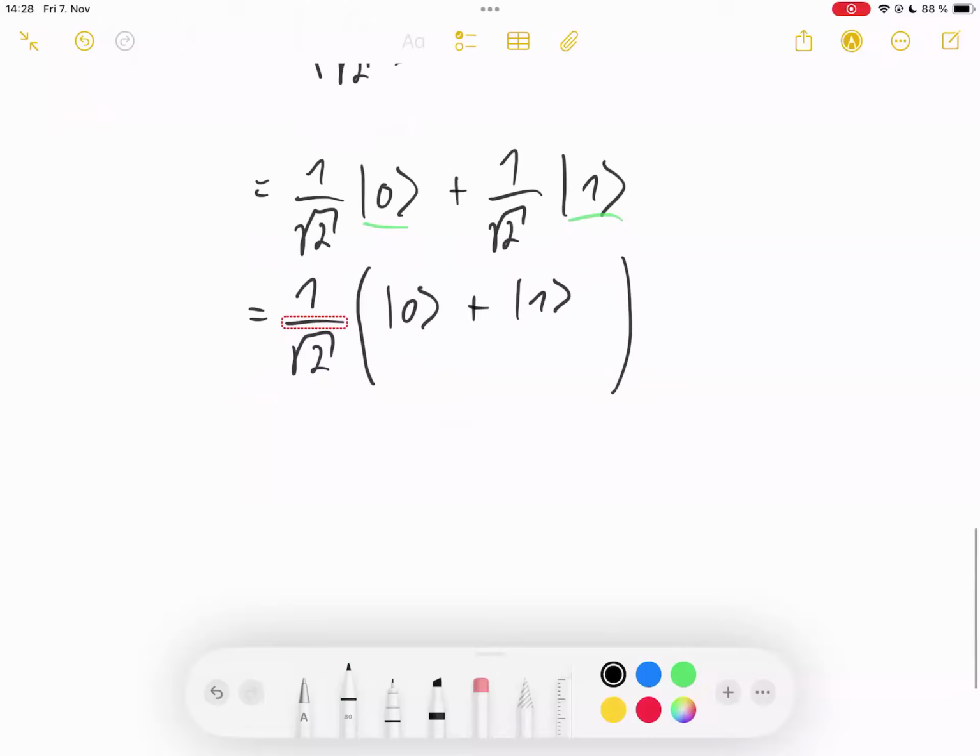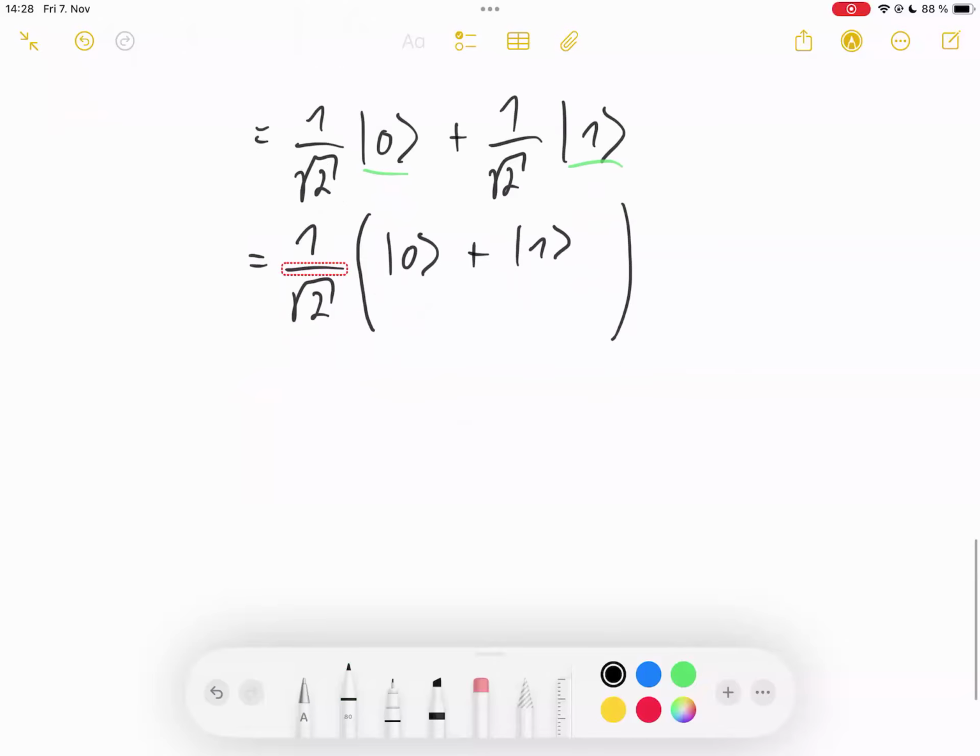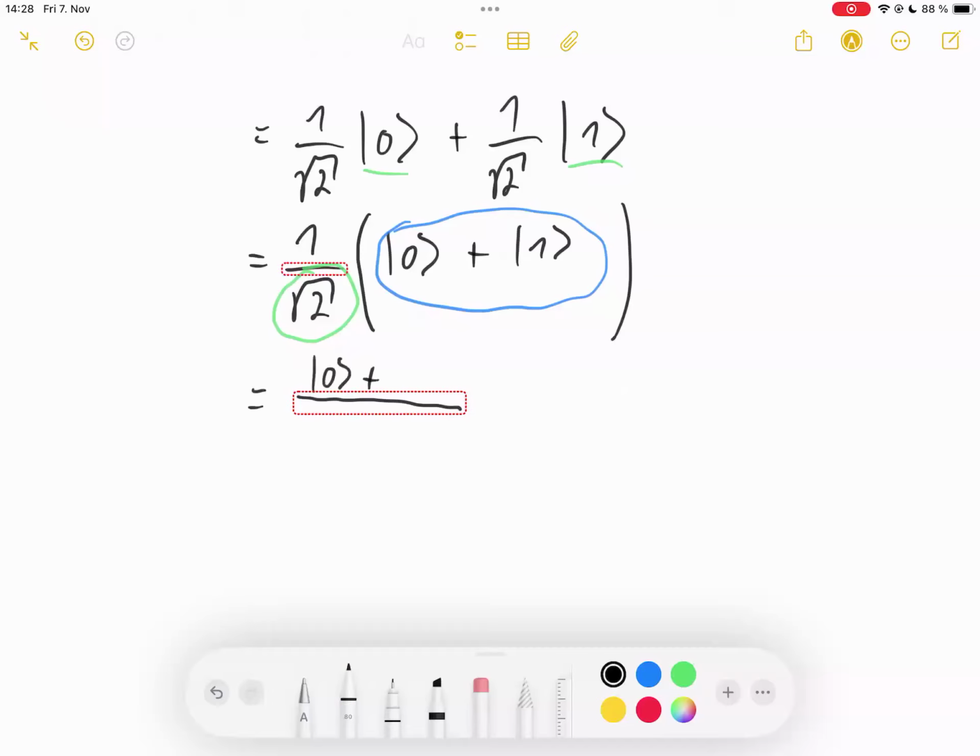And then there is one notation that is quite common, that we would write this as a fraction, because we have the 0 cat and 1 cat as the numerator and the square root of 2 as the denominator. So this would be 0 cat plus 1 cat, and the denominator is the square root of 2.